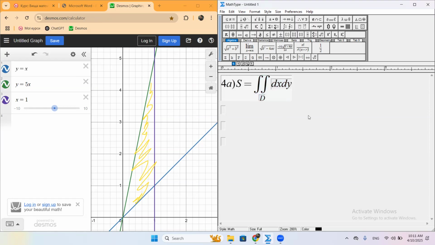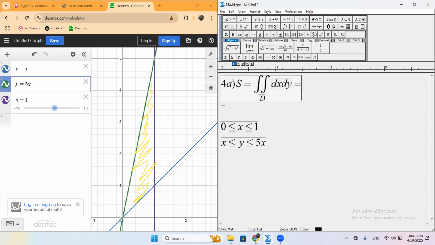in this region. And now let's assign limits of integration. So x from 0 to 1, as we know from the conditions. And what about y? The bottom limit is x, and the top limit is 5x.